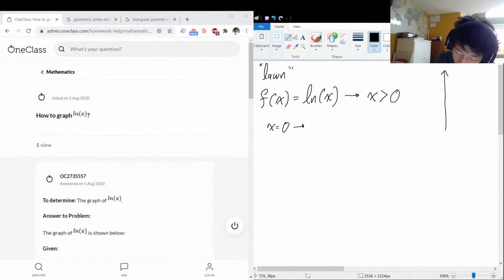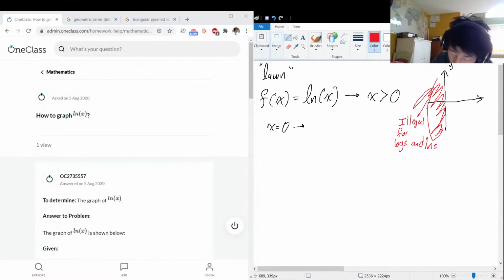So if this is our Cartesian grid here, all this end is illegal for log and ln. Okay, so that's nice.